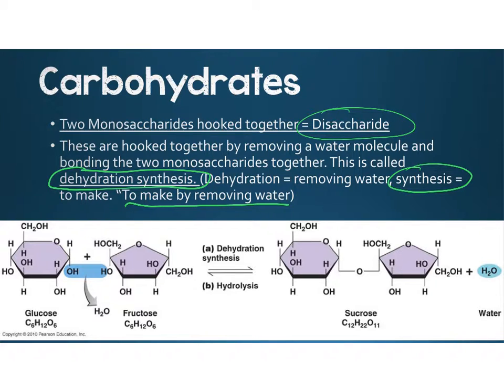So here we see glucose and fructose. And when we look at these molecules side by side, you'll see that the glucose has this OH group on one side of it, and the fructose has this hydrogen on its OH group.